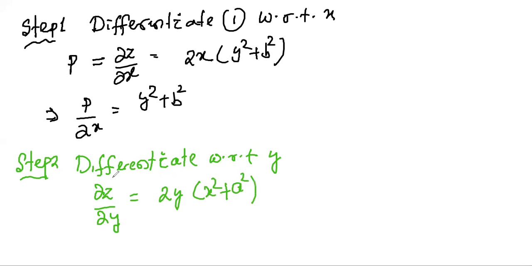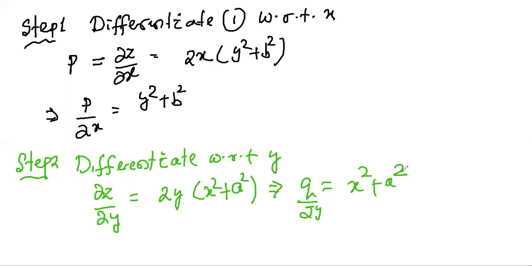Now this value also you have to retain: q is equal to, so q by 2y is equal to x square plus a square. So we have already converted y square plus b square into the partial form p by 2x, and x square plus a square into the partial form q by 2y.